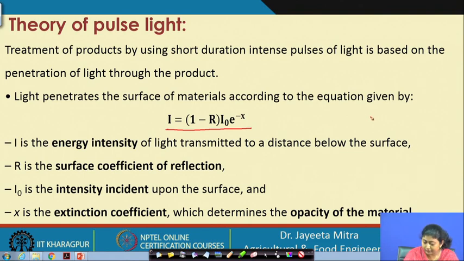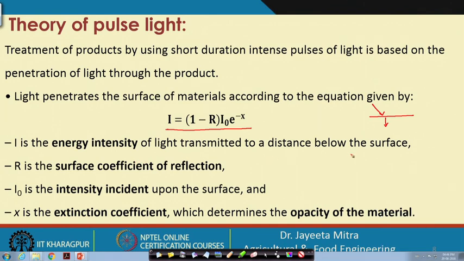So, if this is a surface and we are applying this intense radiation, what is coming in, in this direction, is the energy intensity of the light transmitted to a distance below the surface. R is the surface coefficient of reflection, because of what is coming in, some will be reflected, some will be transmitted.